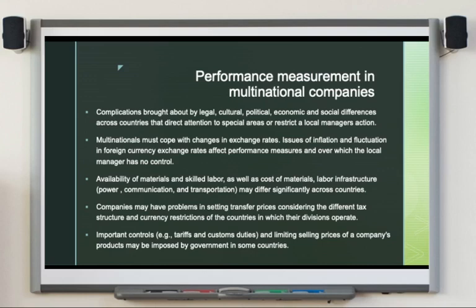Next is an evaluation of a company that is operating on a multinational level.